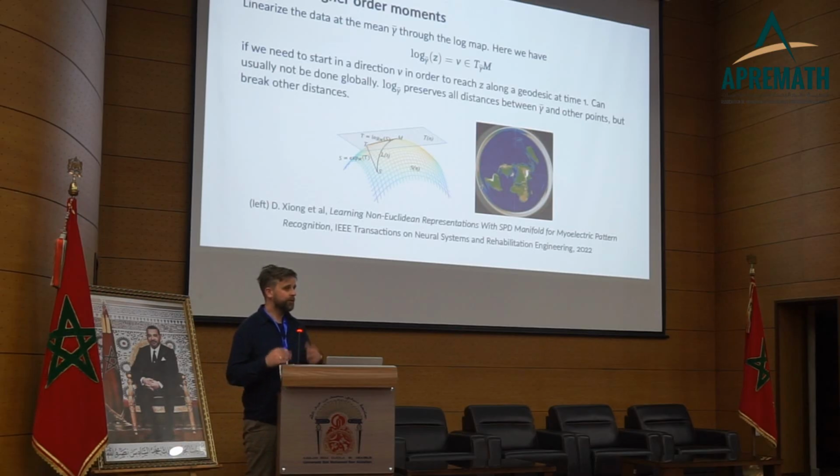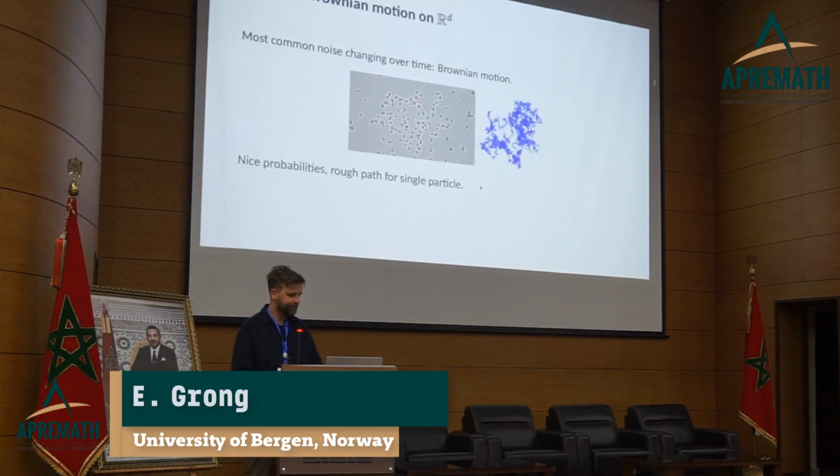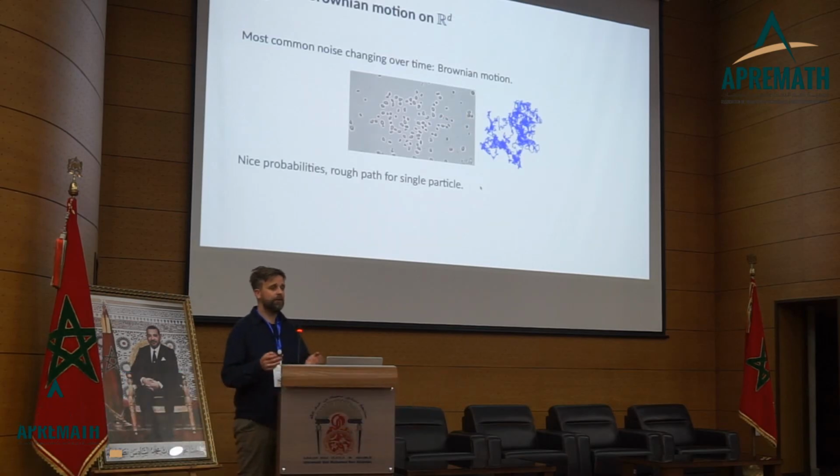So what I will pose to you today is a bit of an alternative approach. The rest of the talk is centered around the diffusion mean. The idea of the diffusion mean uses the fact that we actually know what the Brownian motion is on a Riemannian manifold. Now, what is a Brownian motion?